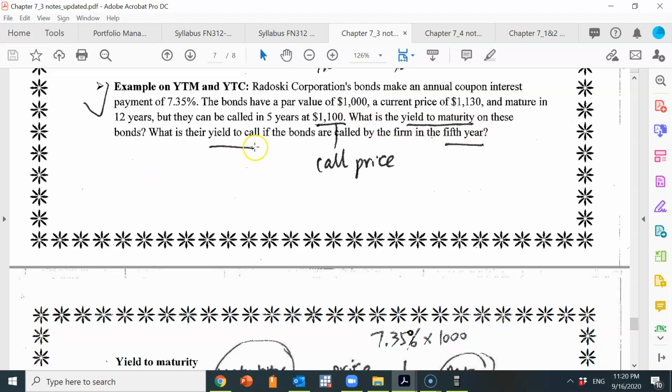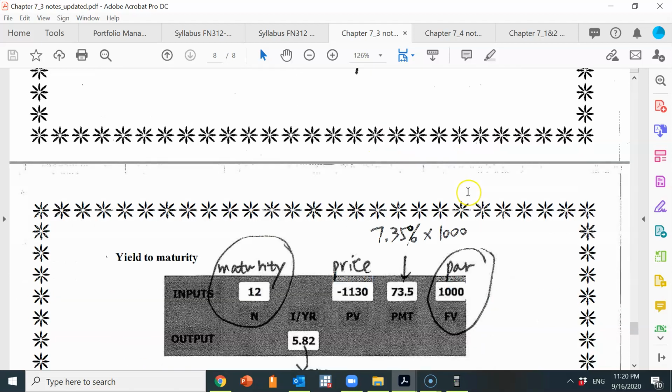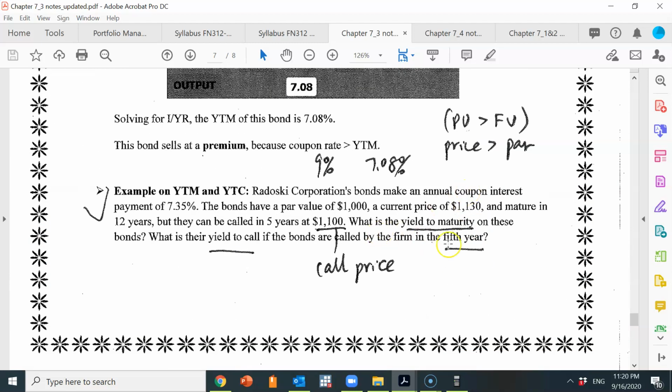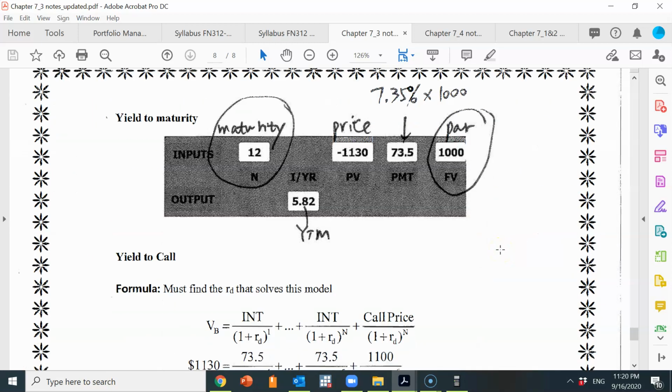What is their yield to call if the bonds are called by the firm in the 5th year? So let's solve for yield to maturity and yield to call. You could pause the video again and try to solve for them yourself first. If you finished working on this question on your own, let's look at the solutions here.